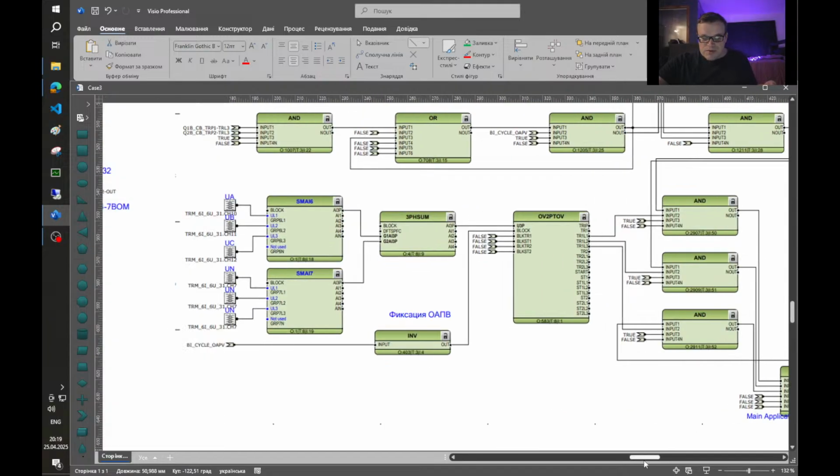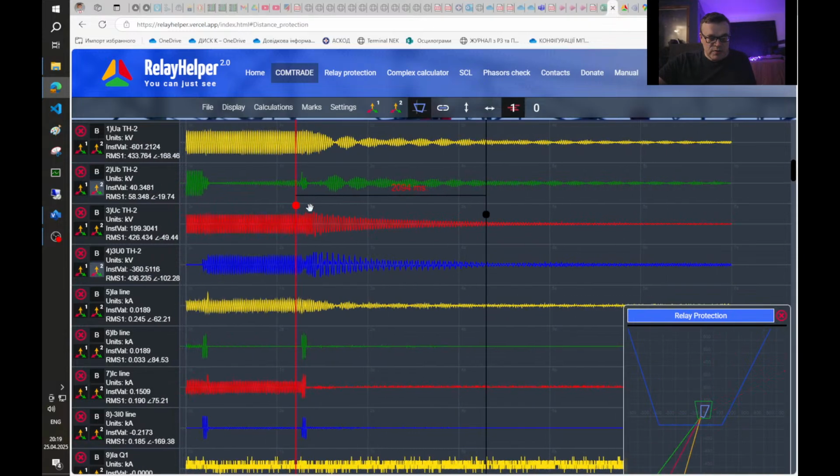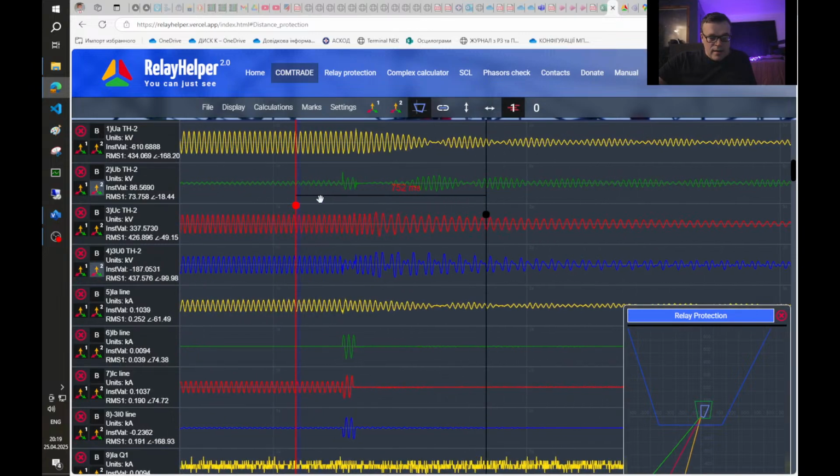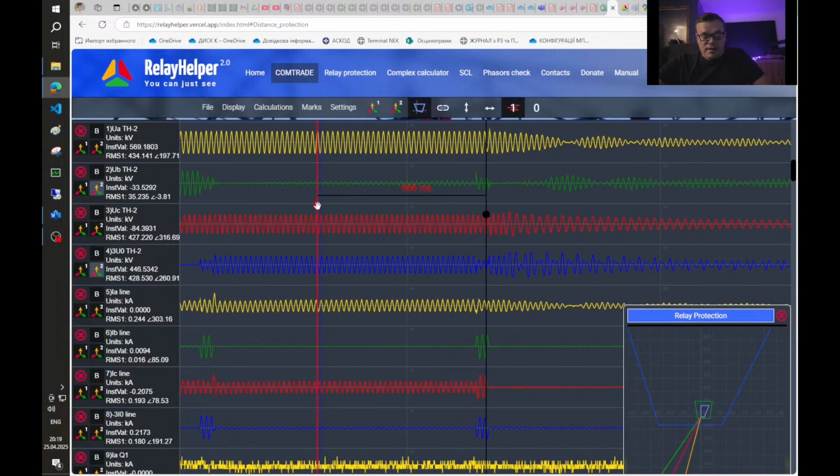So what's the point with this adaptive AR? It measures voltage on the tripped phase. And when voltage starts to increase, that means that our arc has gone out, and we can close the faulted phase.